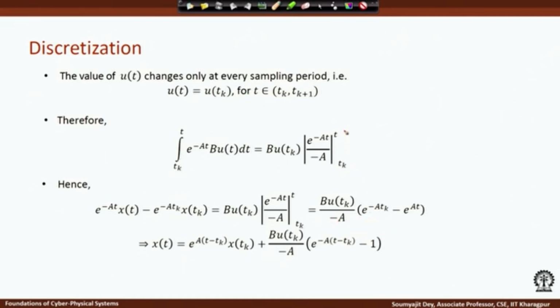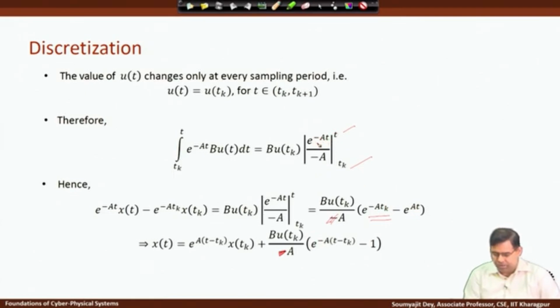You see these were the limits of this integral, and so this negative sign is already accounted for here because the t k term comes first. So, this one will be here, and of course, we have multiplied everything with e to the power a t on both sides.